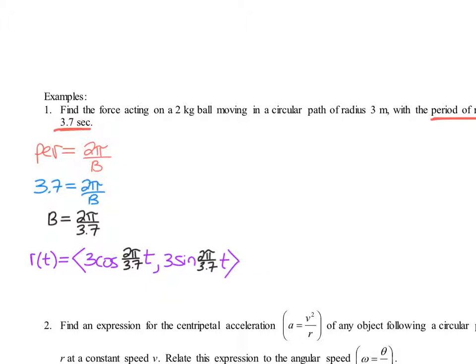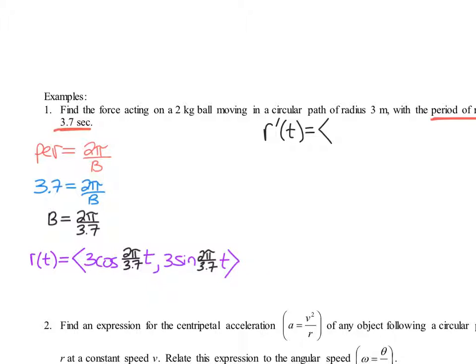So r prime of t, oh, that's poor quality r. Now, it's a little bit of baby chain rule here. Cosine has a derivative of negative sine, right? So it's going to involve a negative sine of all this stuff times the 3 times the derivative of my inner function, which is just going to be the coefficient anyway.